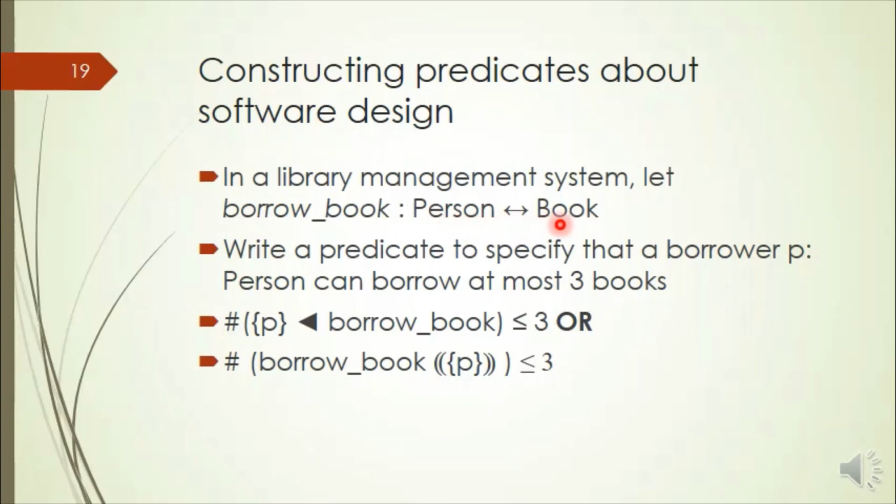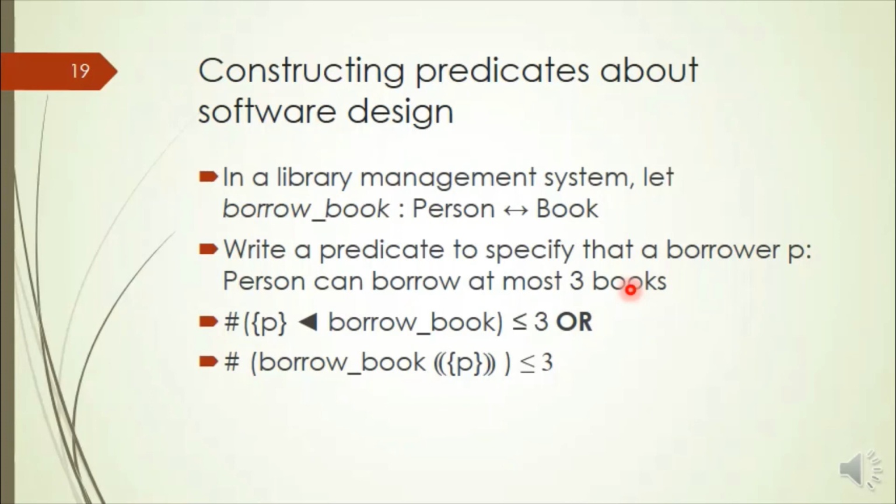Now in this library management system we want to specify that a borrower, a person P, can borrow at most 3 books. So in our software design we want to specify this property that a person or a borrower cannot borrow more than 3 books.